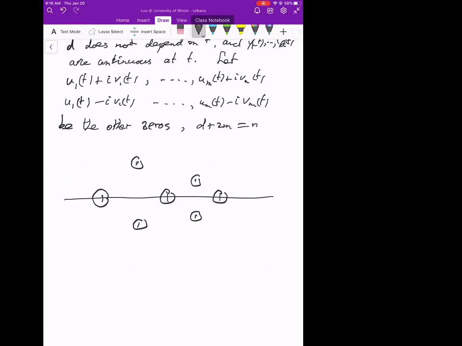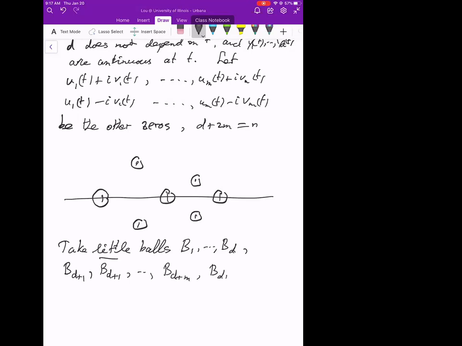Take little balls, B1 up to Bd. And then for the complex zeros, B(d+1), and then also the complex conjugates of the ball, up to B(d+m), centered at these zeros.